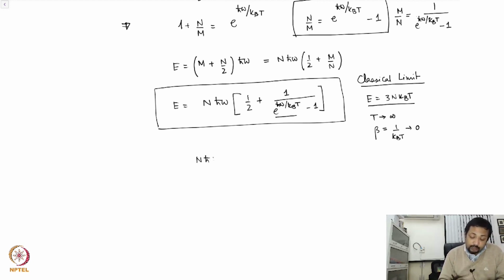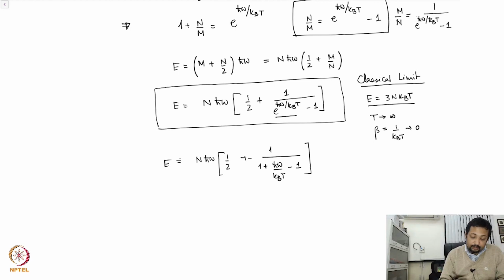So I have n h bar omega times half plus 1 over the quantity h bar omega over kBT minus 1.